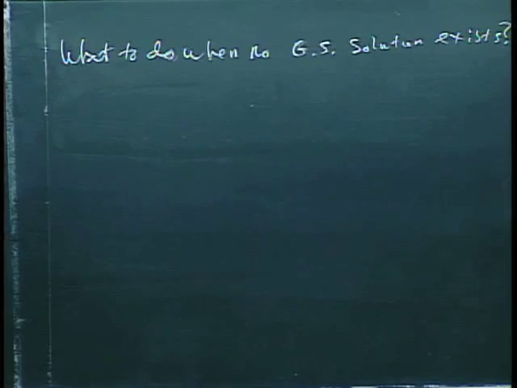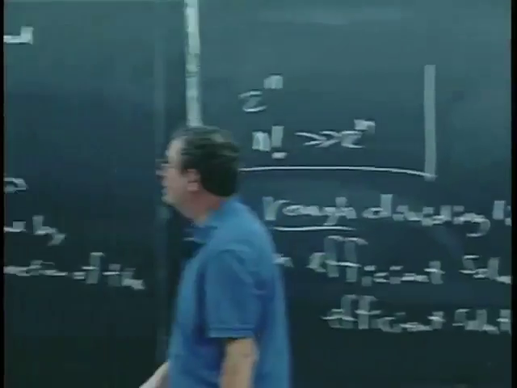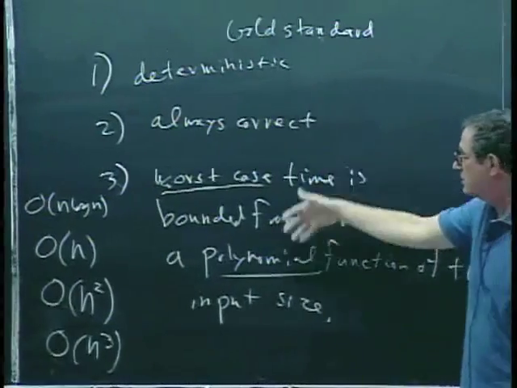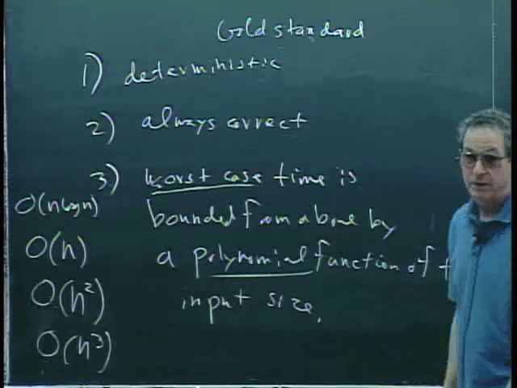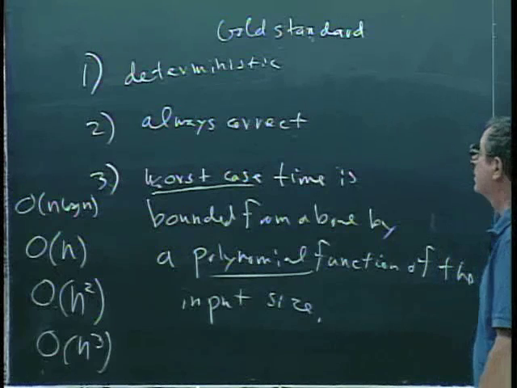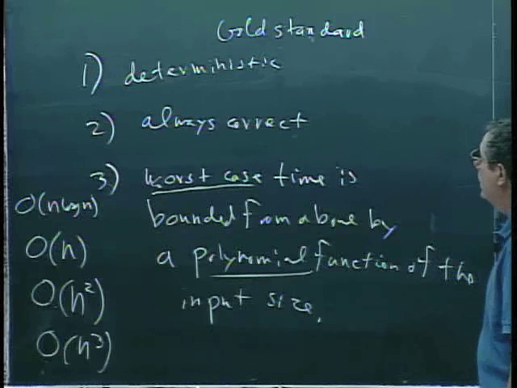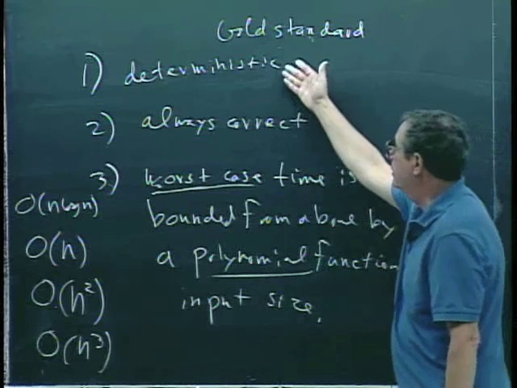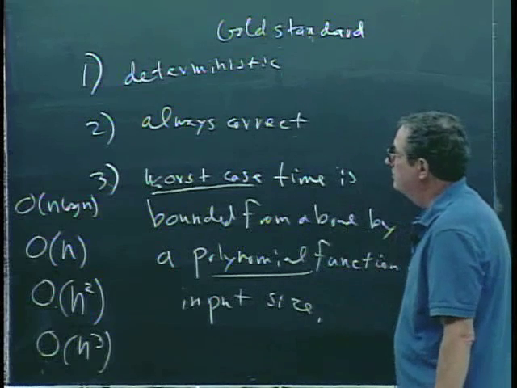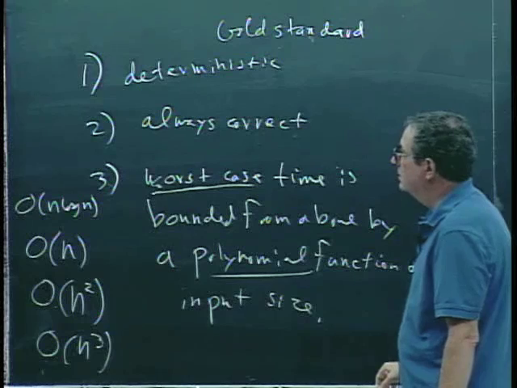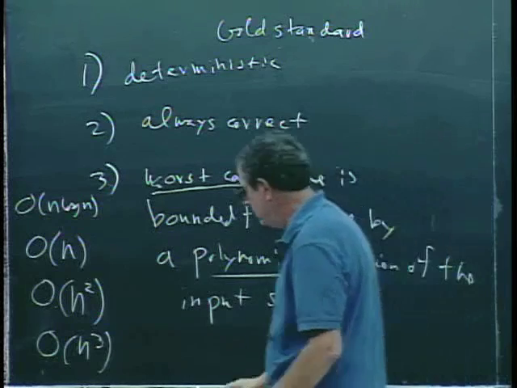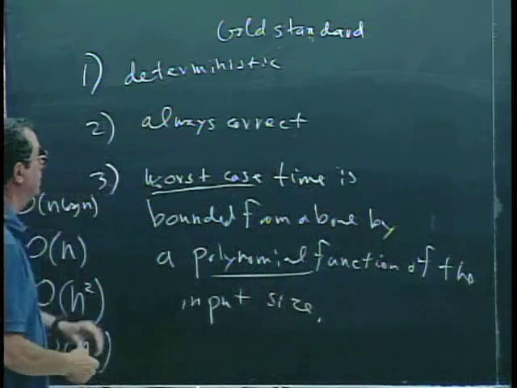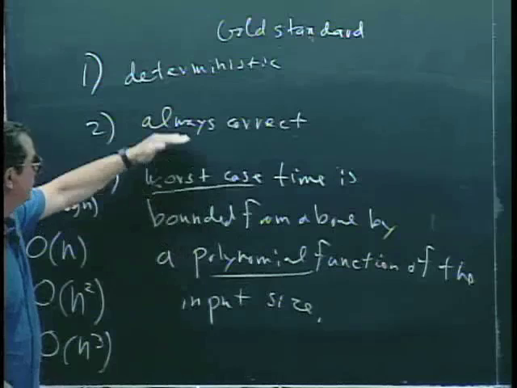But if you don't want to do that, then you want to relax one of these three properties that you insist on to be a gold standard solution. Well, varying determinism, I was about to say that generally doesn't help, and I'd probably stick with that. But mostly we vary these two.